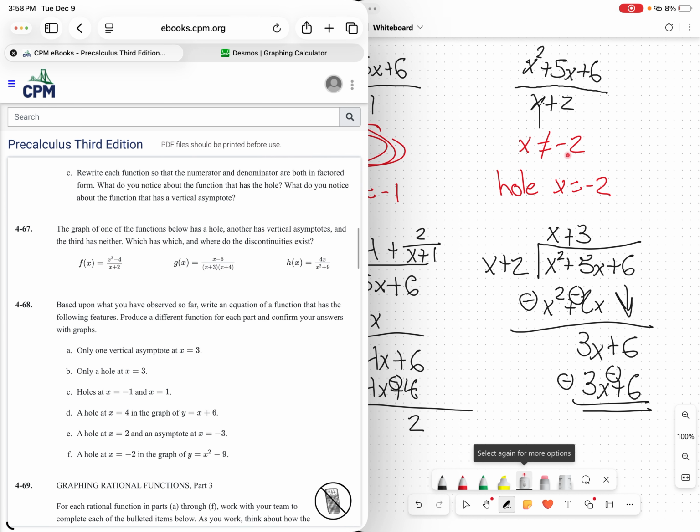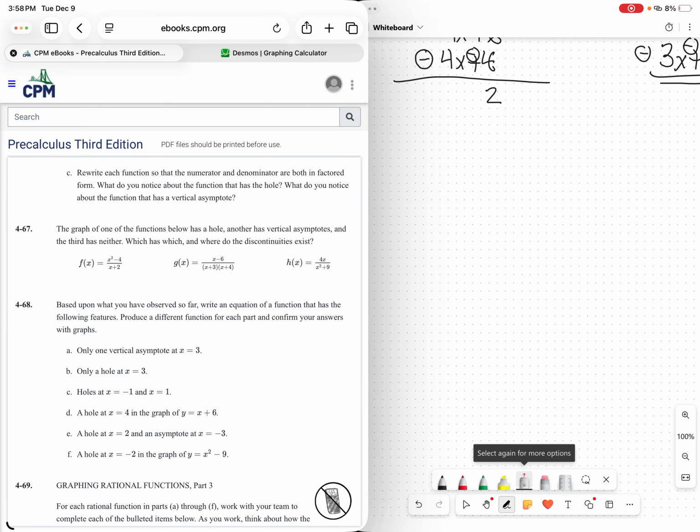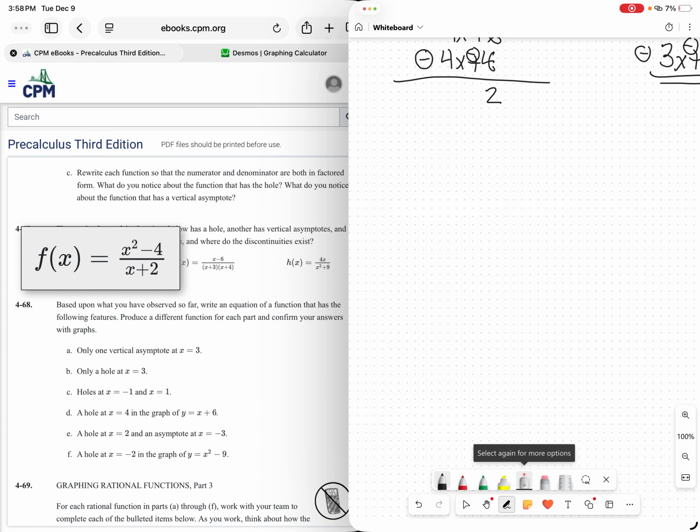All right, so the graph of one of the functions below has a hole, another a vertical asymptote, and a third has neither. Which of these exists? So if we look here, right, this one, we know there's an issue in f of x, right? We know x cannot be -2, right?